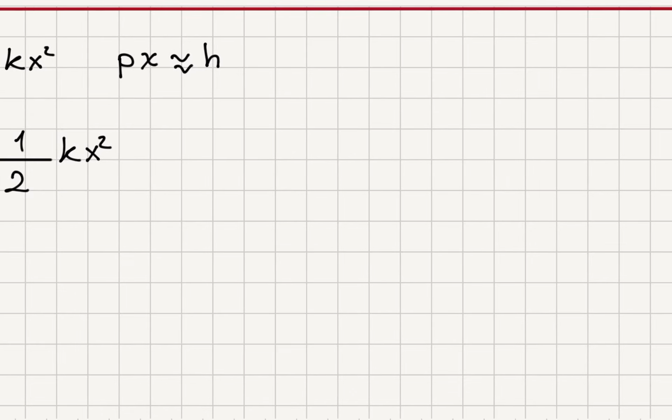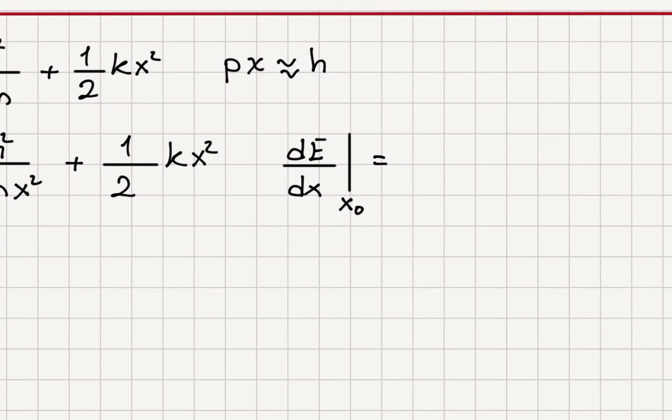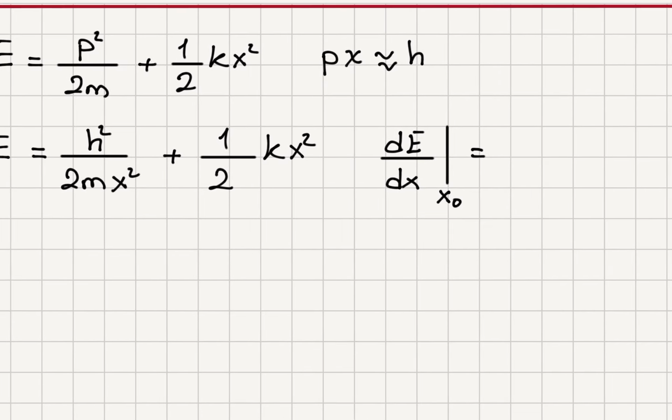Now we want to minimize the energy. So dE/dx, the derivative of the energy, to find the extremum point at a certain x value, x0, is equal to 0 to find the minimum here. If I take a derivative with respect to x, x to the minus 2 has derivative minus 2 times x to the minus 3.